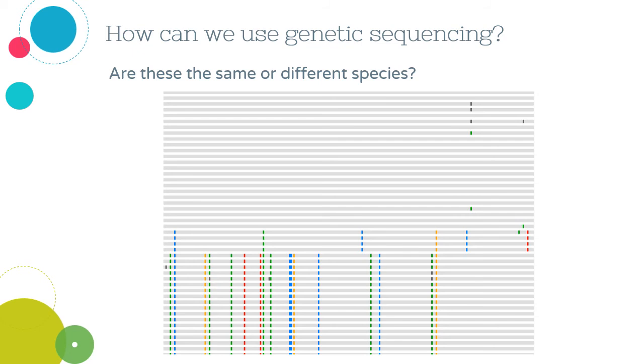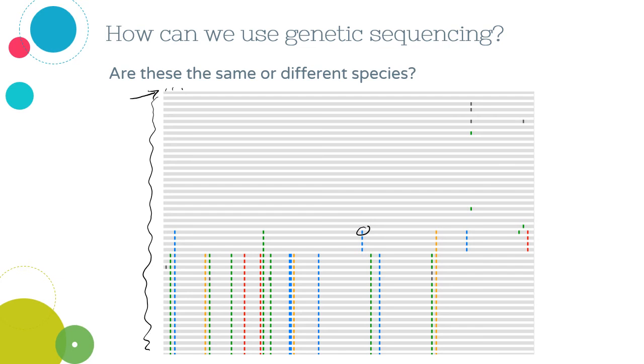And those gray regions represent no difference from whatever I've chosen as my reference sequence. So this reference sequence, anything below it that's still gray is identical to that nucleotide position. So anytime we have one of these colorful bars, that represents a nucleotide that is different from the reference sequence.